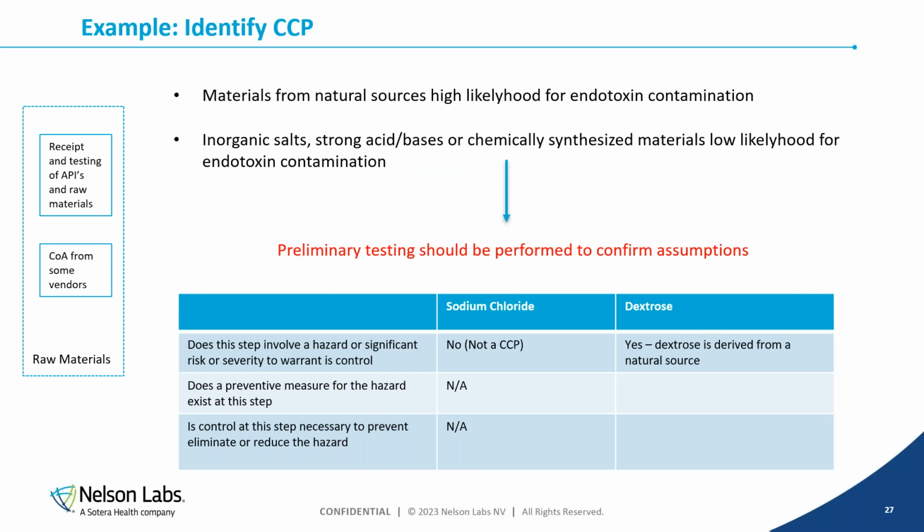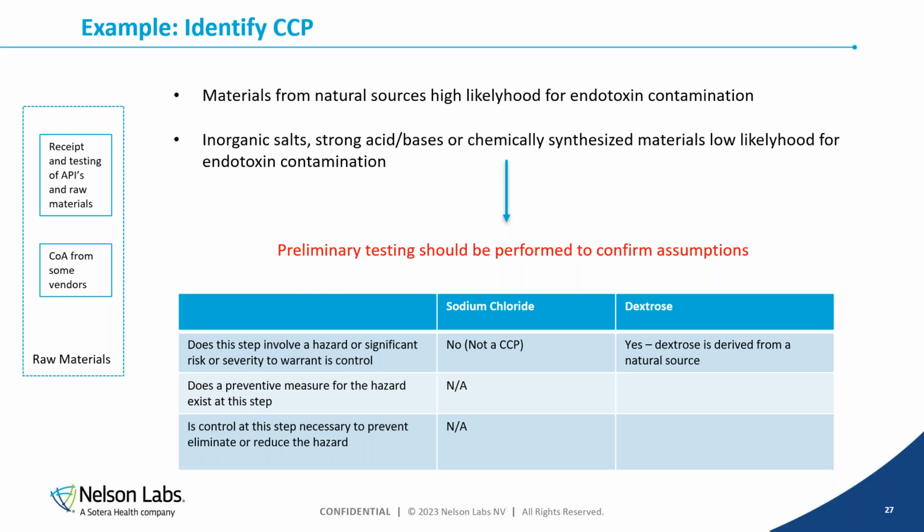Let me explain this by running this through our example. So the first step in our production process is the receipt and testing of our raw materials and our API. And there are some assumptions that you can make and that you must make before starting this analysis. First of all, materials from natural sources are a well-known fact to have a high likelihood of endotoxin contamination.